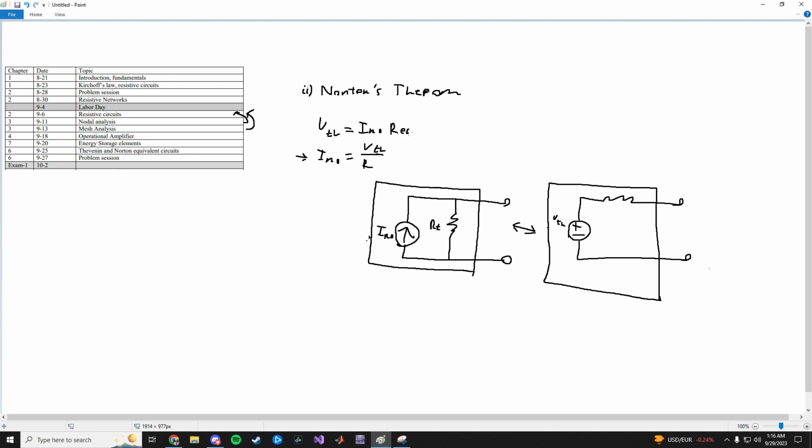R equivalent always stays the same, this R EQ. However, these sources, you can go between them by using these two equations, which is basically just Ohm's law. That's called source transformation. So you can use source transformation and Thevenin and Norton's theorem to simplify your circuits to make them much easier to solve. And it looks like those are all the topics for exam 1.